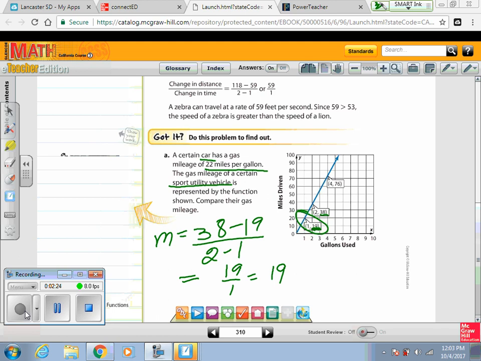So they want you to compare the gas mileage. Well, the car gas mileage of 22 is greater than 19 for the SUV. That means that the car has better gas mileage.